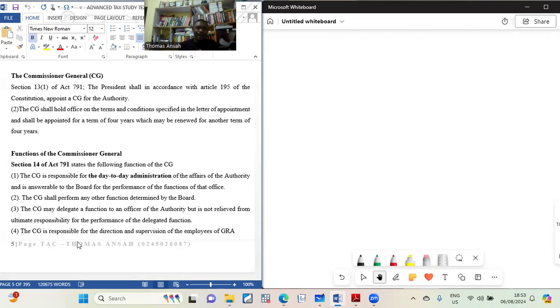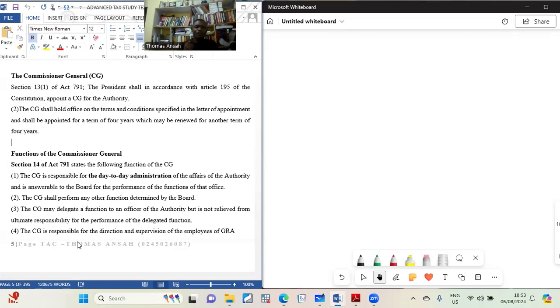So right now, you can associate yourself with a political party in the hope that with your knowledge in tax, if you are there on top of it, then you'll be appointed as Commissioner General. Politics is a big game because the power that has been given to the president is so much.